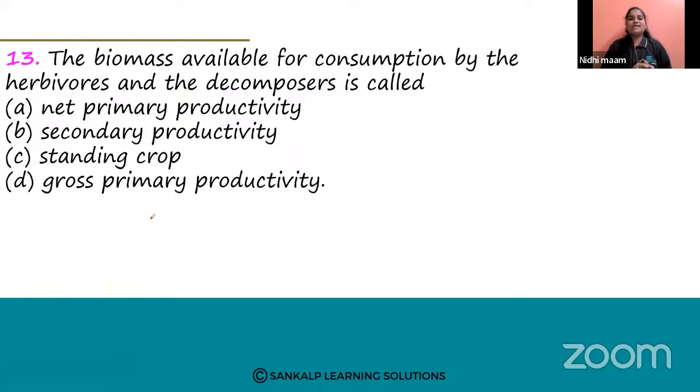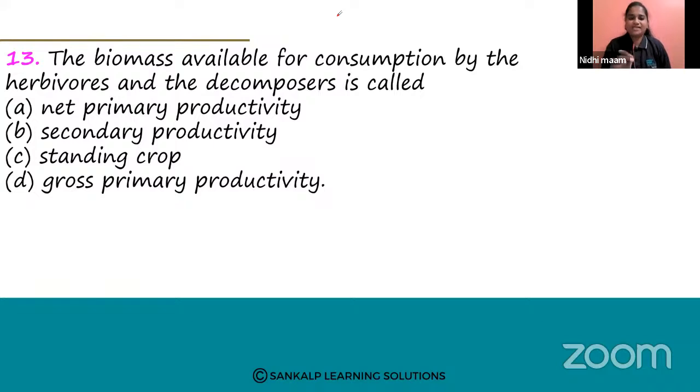The biomass available for consumption by the herbivores and the decomposers is called as? Okay, GPP is done. Now how much organic matter or biomass is available for consumption? For whom? For these consumers and decomposers. It is called as net primary productivity, secondary productivity, standing crop, or gross primary productivity?